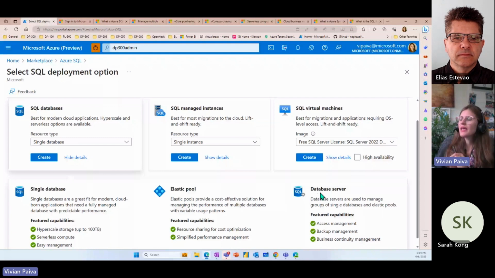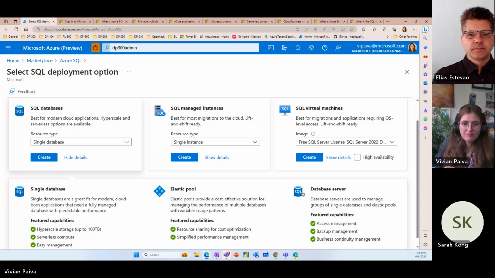The logical server is used for access management, like backup management, to define the kind of authentication that I'm going to allow to those databases, but we do not provision resources to the database server.